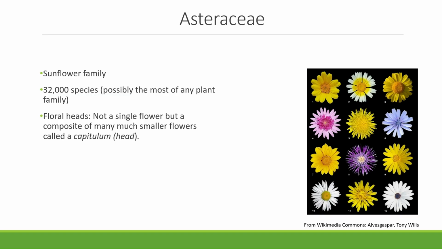Some of those tiny flowers are ray flowers with long petals that form the quote unquote petals we see around the edge, while the center is packed with disc flowers that produce the seeds. This functions all together like one giant flower, attracting pollinators more efficiently. The photographs on the slide are typical composite heads from different members of the family, so you can see the pattern clearly across the whole family of Asteraceae.